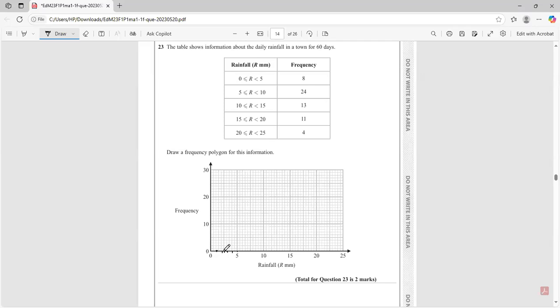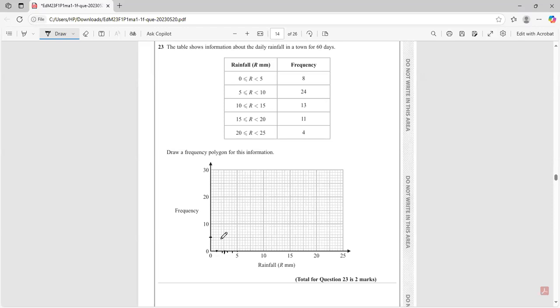And 2.5 goes against the frequency 8. So where's my 2.5 again? 2.5 is here. I'm going to look for 8 somewhere. So let's establish where 8 is. If this is 10, then this midpoint here is going to be 5. Are you with me?